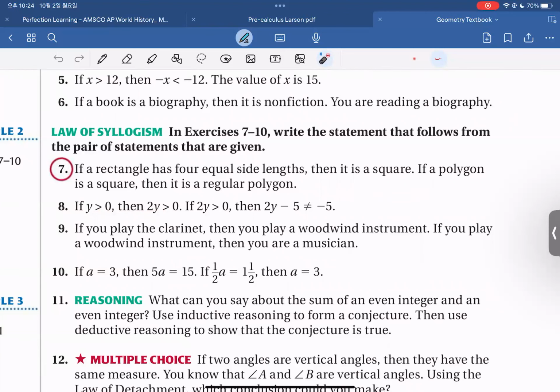Because y is greater than 0 and 2y is also greater than 0, if 2y is greater than 0, then 2y minus 5 will not be equal to negative 5. From here, we can also conclude that if y is greater than 0, then y minus 5 will also not be equal to negative 5, because this is the statement that follows.